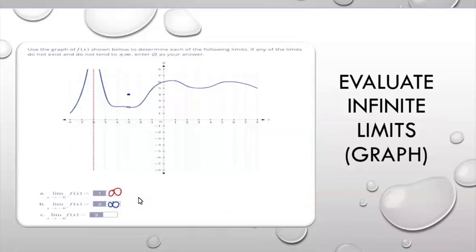So when we talk about infinity, we're just saying that as the function approaches x equals minus 6, which happens to be a vertical asymptote, both sides of the function are increasing without bound.